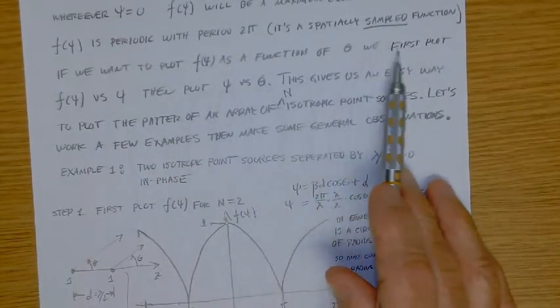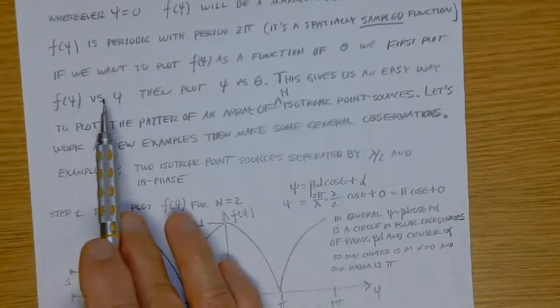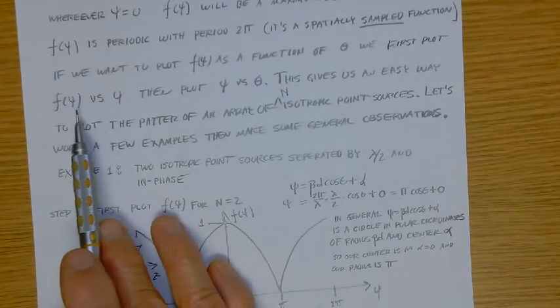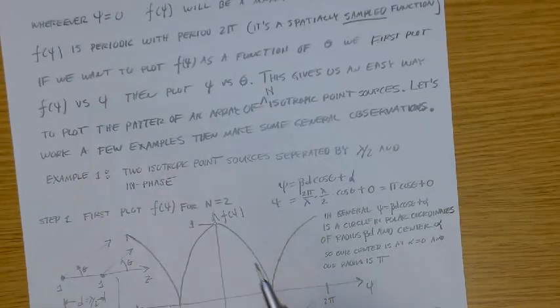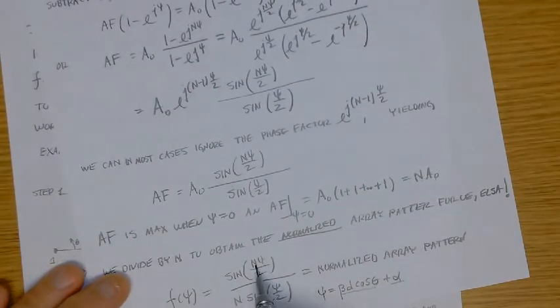The technique here is first plot f of psi versus psi, and that's going to depend on what n is, because if you look at this function, f of psi versus psi depends on n.